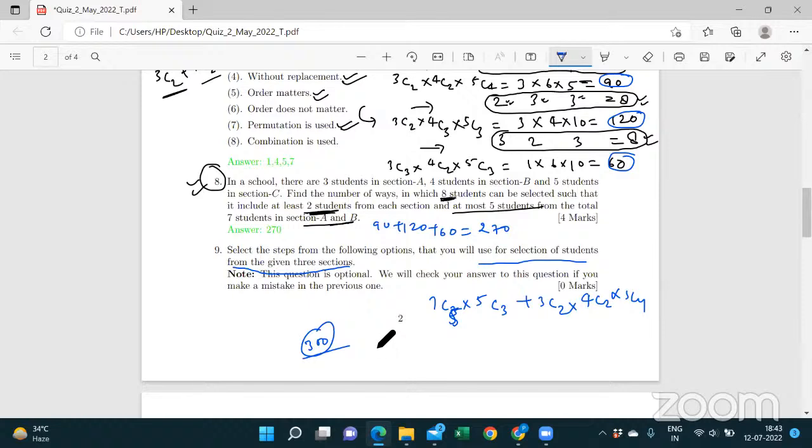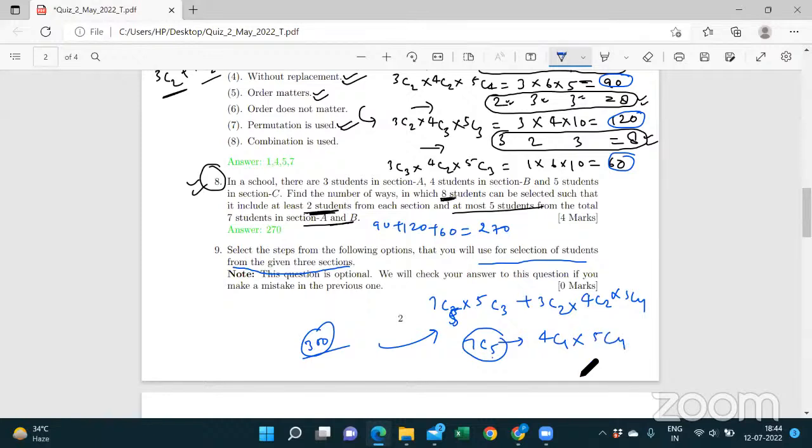Okay. Anybody wants to explain this one? There is a condition, at least 2 students from each class. Yes. And see, if you are considering 7C5 together, then it is not clear how many students are chosen from A and B. There can be 1 from A and 4 from B. It can be 4C1 into 5C4.